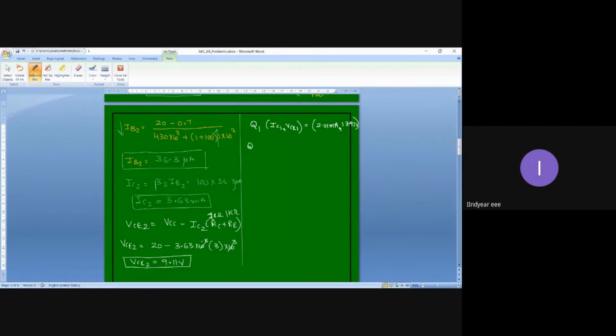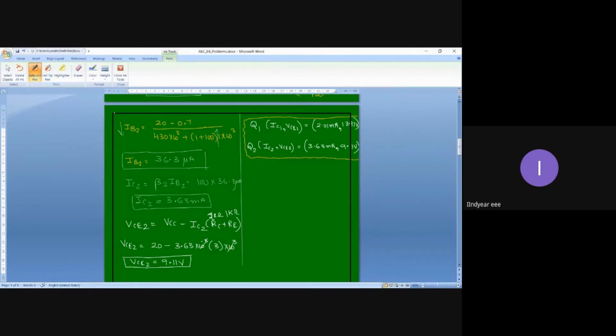And Q2, the coordinates are (IC2, VC2), equal to (3.63, 9.1). So that's your Q point for the two values of beta. This should help you in plotting the load line graph.